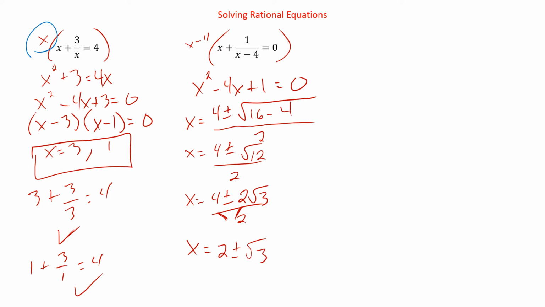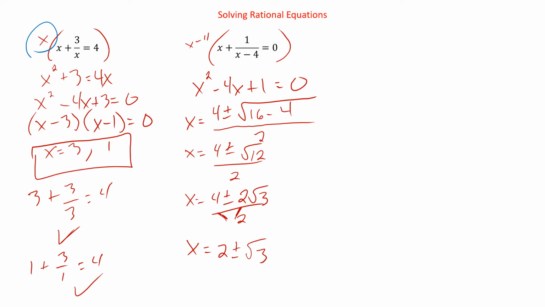And so when we plug this in, we can figure out what those are as decimals to make sure that it works. 2 plus root 3 is going to be about 3.732. And so we can plug that in.